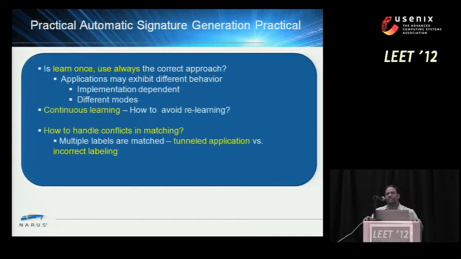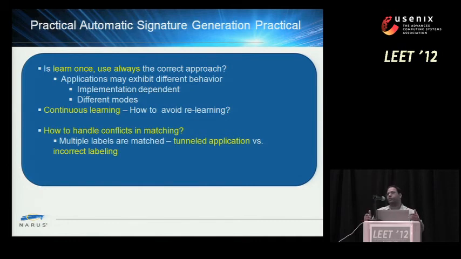Some other challenges in making automatic signature generation practical is that currently, most of the systems run in a mode where the signatures are developed once and then deployed at different locations and used all the time. Is this a correct approach? Maybe or maybe not. It depends. Different applications may exhibit different behavior over time.